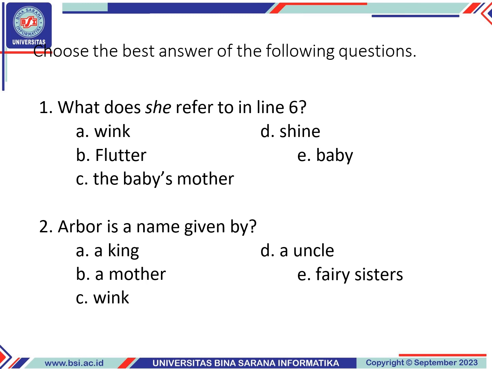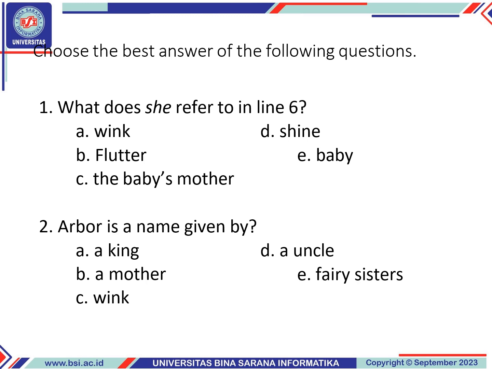Well, after reading the story, now it's time to do the assignment. Choose the best answer to the following questions. Number 1. What does she refer to in line 6? A. Wink, B. Flutter, C. the baby's mother, D. Shine, or E. baby.